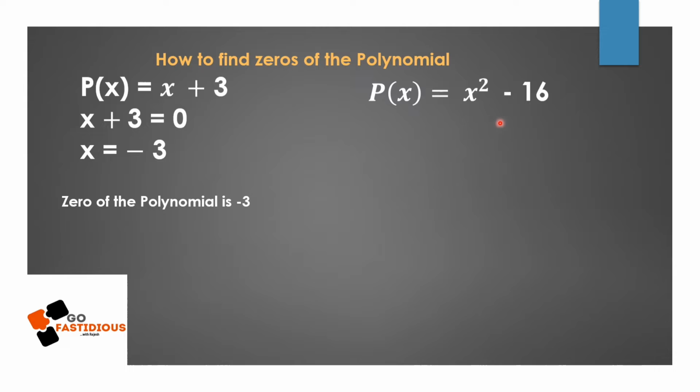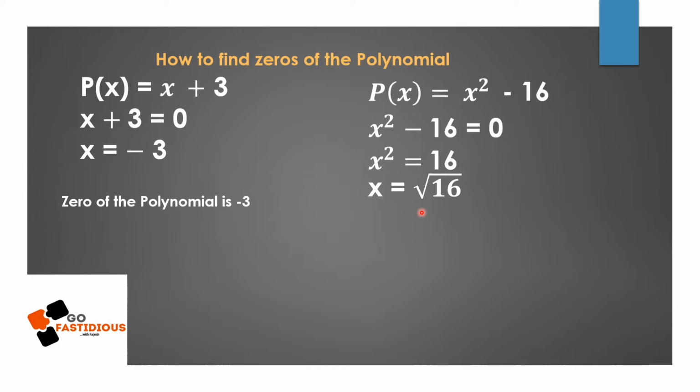Suppose we have x square minus 16. So the process is the same. Whatever polynomial is given to you, make it equal to 0. So x square minus 16 is equal to 0. So from here minus 16 will shift that side. So 0 plus 16 will give us 16 only. So x square is equal to 16. The value of x will be square root of 16. So what is the square root of 16? Some of the students will say plus 4.